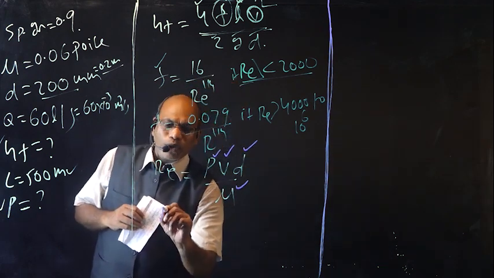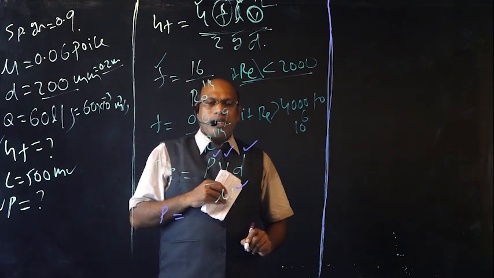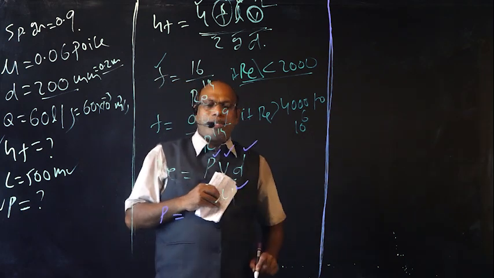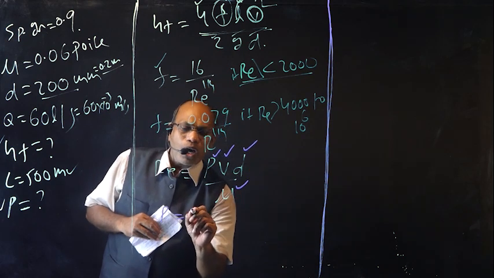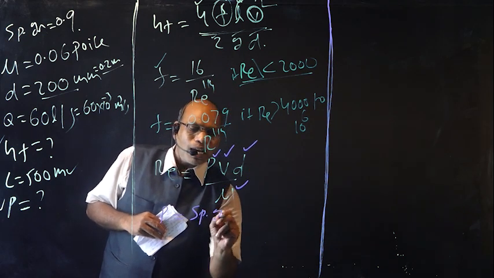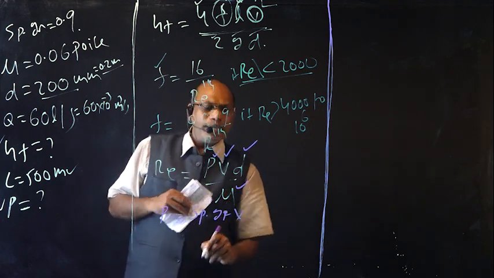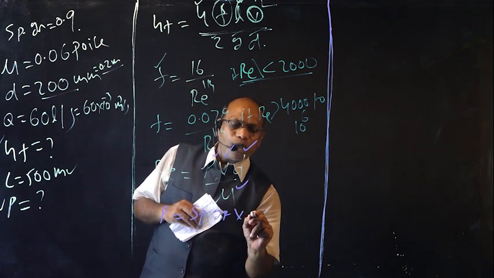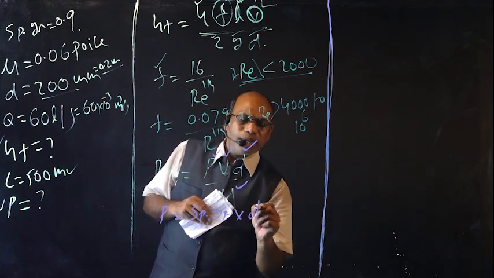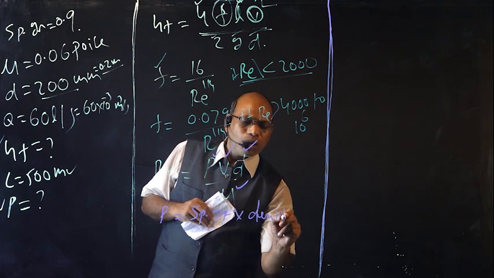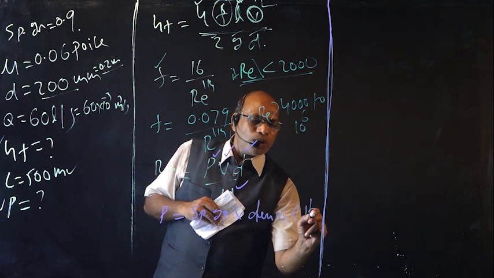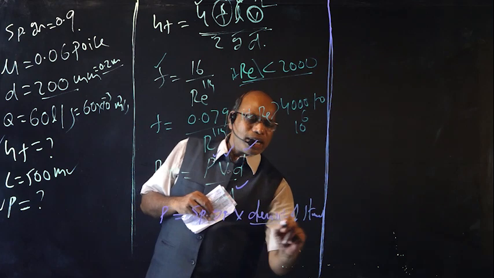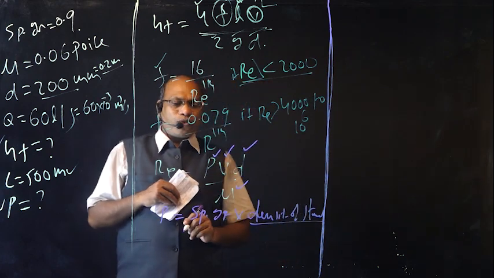Density of the fluid rho is equal to specific gravity of the fluid into density of the standard liquid. Density of standard liquid means density of water.